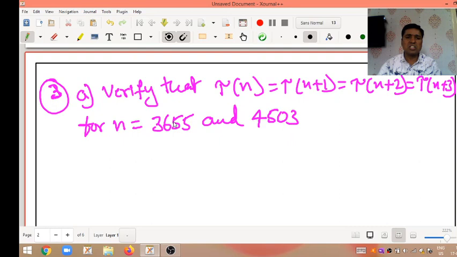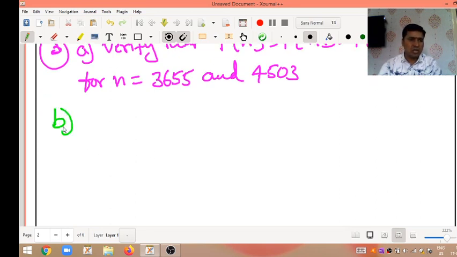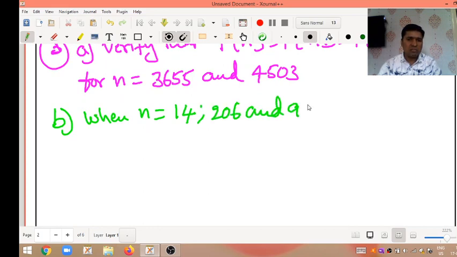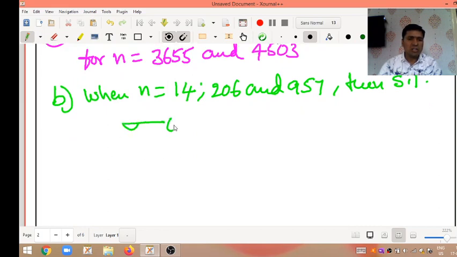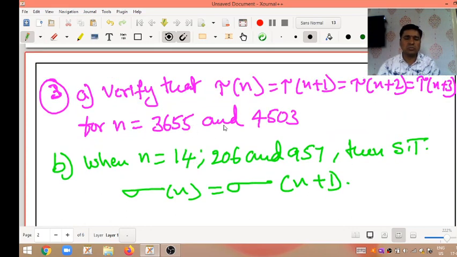For these 2 integers, we have to prove tau of n is equal to tau of n plus 1 and tau of n plus 2 is equal to tau of n plus 3. This is one question. And one more question is there. That is question B. When n is equal to 14, 206 and 957, then we show that sigma of n is equal to sigma of n plus 1. These are the 2 questions, my dear students.